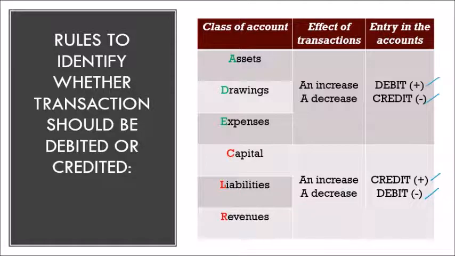The left side, which is the debit, will increase on the debit side and decrease on the credit side, whereas for the right side, the items on the right side will increase on the credit side and decrease on the debit side.